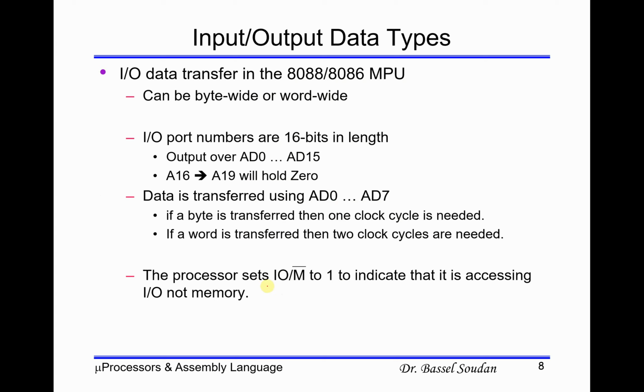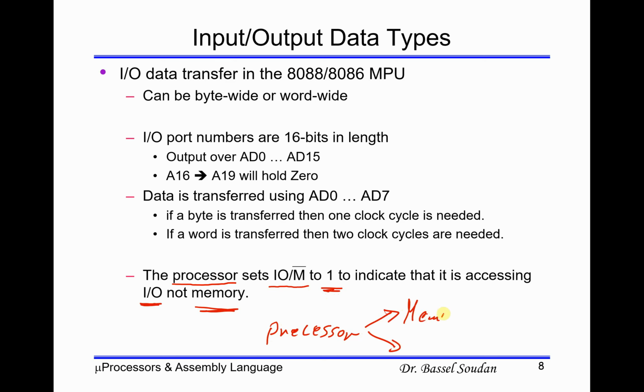So when the processor sets this pin that we just talked about, pin number 28, to the value 1, that means right now the interface is going to the I/O, not to the memory. This pin equal to 0 means he is talking to the memory. The processor may talk to two external devices.